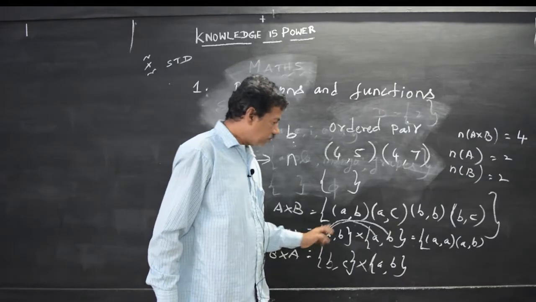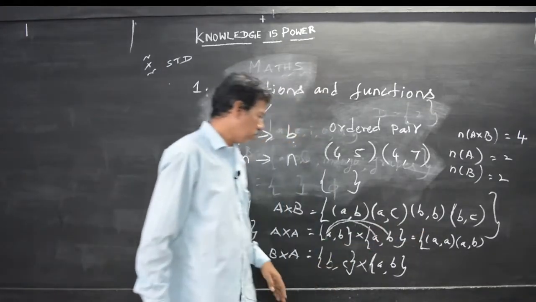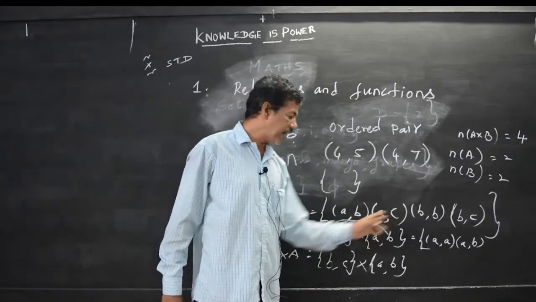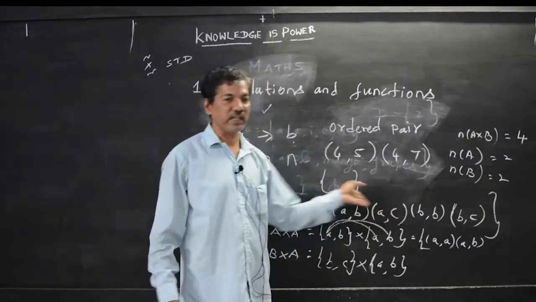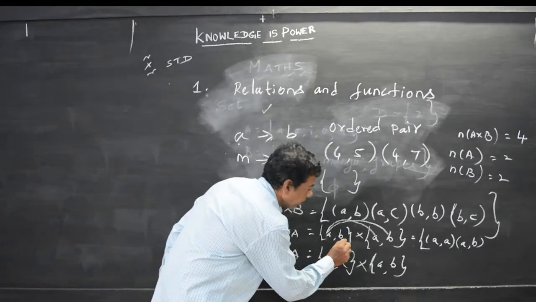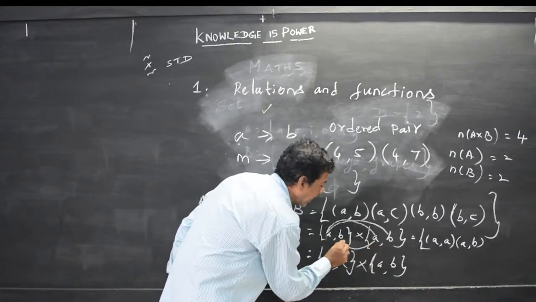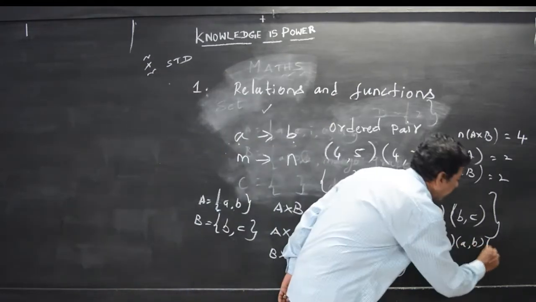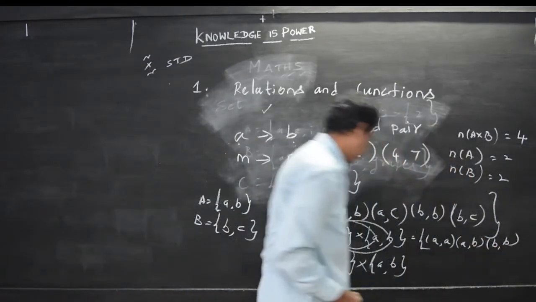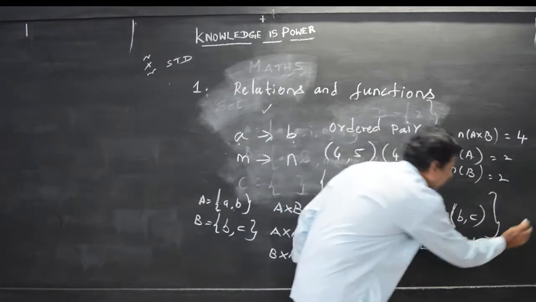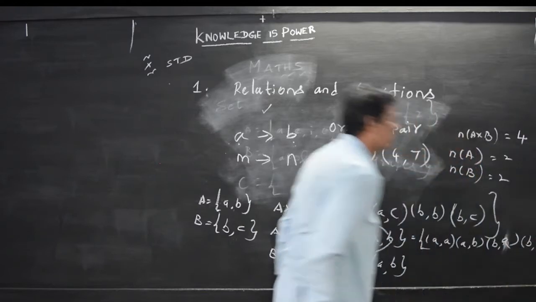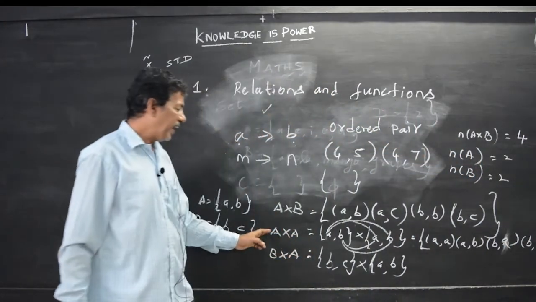I indicated it with arrows only to understand clearly; there is no need to put the arrows for all sums like this. Next, B with A and B with B. So B comma A, then B comma B. This is the answer for A cross A.